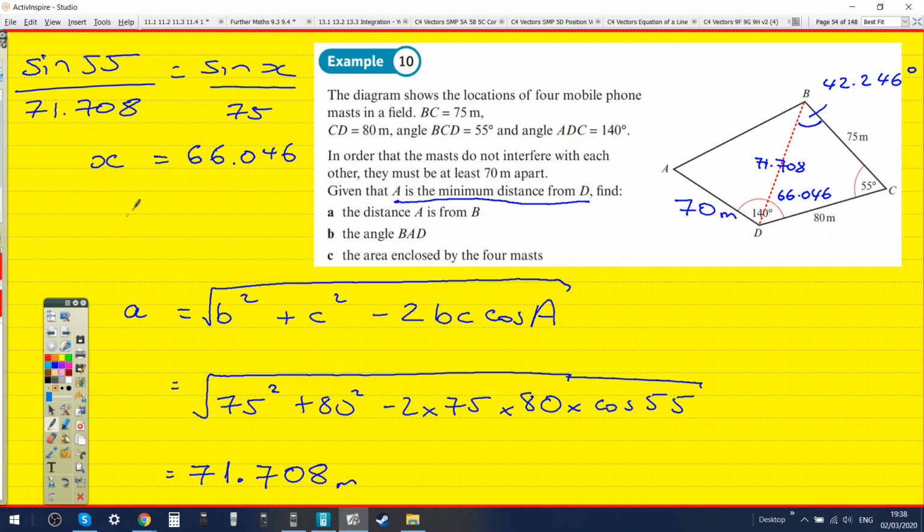I really don't know what I have to do. How about this angle? Yep. So 180 minus 66.046. It's not 180, sorry, 140. Yeah, and so that'll be 73.954.